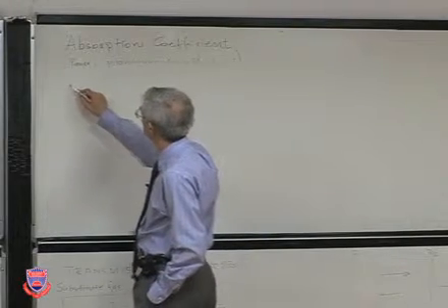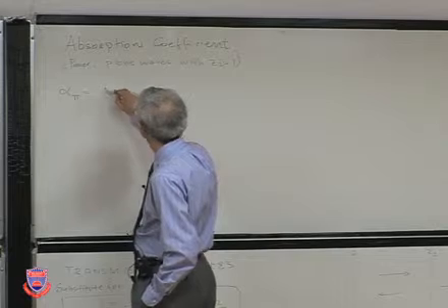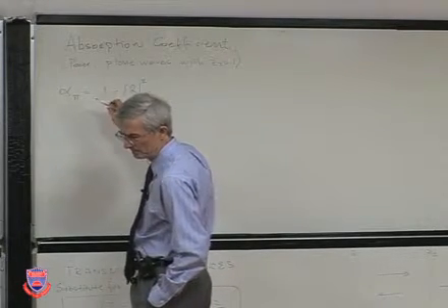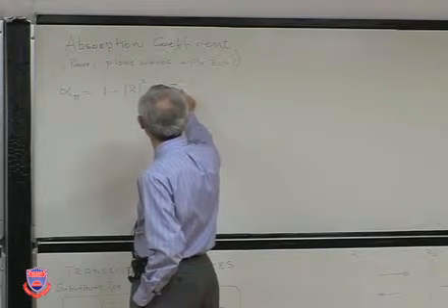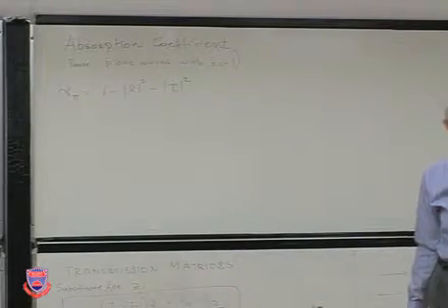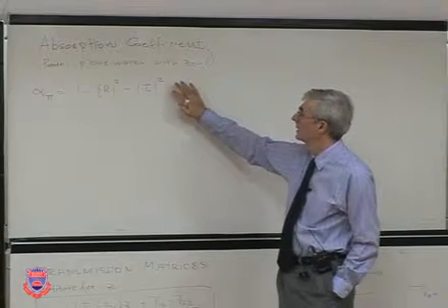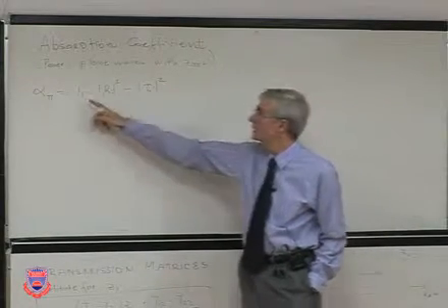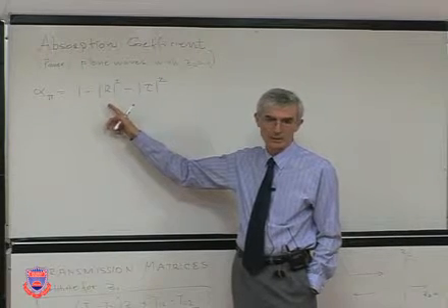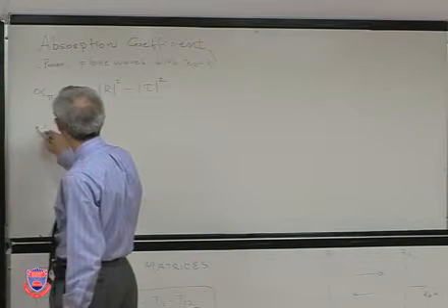And the power absorption coefficient is the difference between incident, reflection and transmission. If there's no absorption, of course, this would be zero, meaning incident power would be equal to what's reflected and what's transmitted.